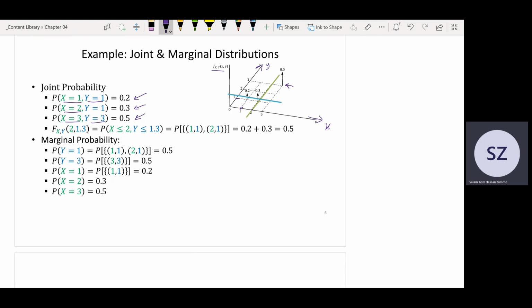The probability of (1,1) is 0.2, so it's a finger at the point with length 0.2. The probability of (2,1) is 0.3. The probability of (3,3) is 0.5. At least, this is a visualization of the total probability of 1.